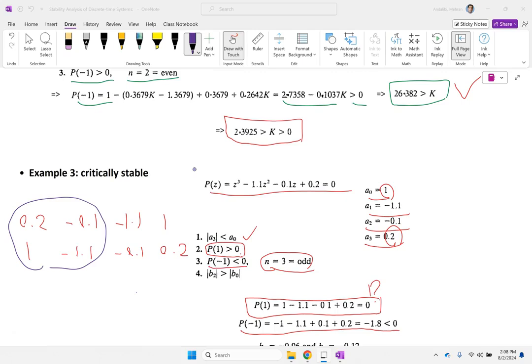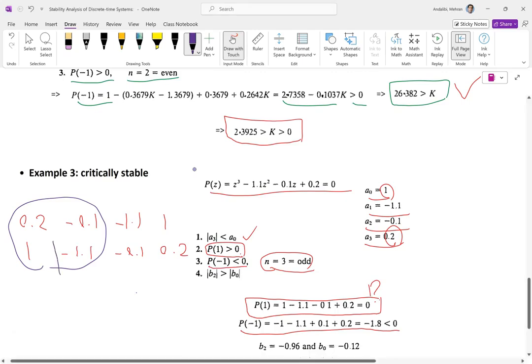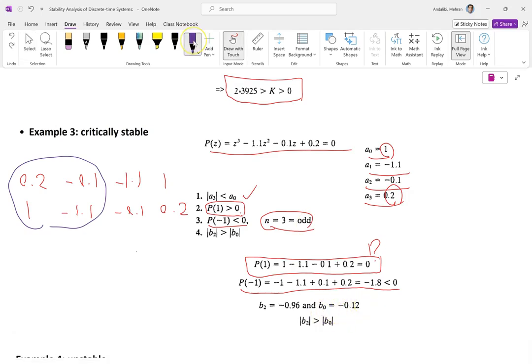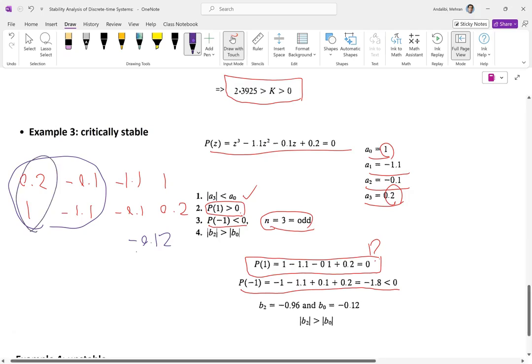If you calculate it, you end up with basically what? With negative 0.12, which is that number right down there. So here, this number is going to be negative 0.12, and then you can move on and so on. The last number that you need to compare to this first one, that is going to be the first column and the last column, which is clearly 0.04 minus 1, and that is negative 0.96.